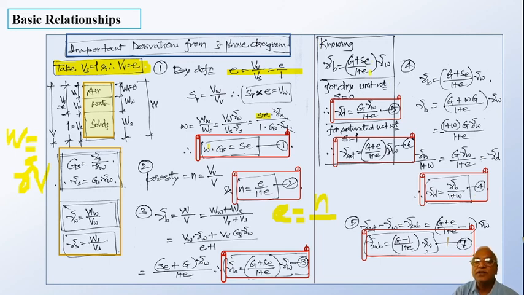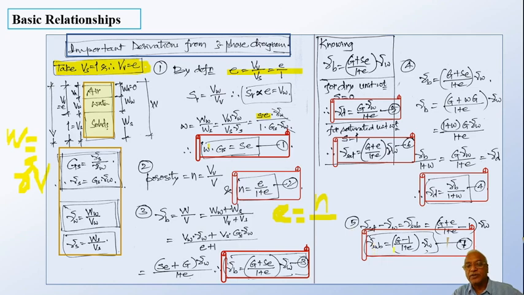Now from this relationship, if S is equal to 0, that is no voids are filled with the water, S becomes 0. So it becomes G gamma W divided by 1 plus e, that is dry unit weight. And by chance if all the voids are fully filled up with water, then S will be equal to 100%, that is 1. Gamma saturated becomes G plus e divided by 1 plus e into gamma W. That is the sixth relationship.